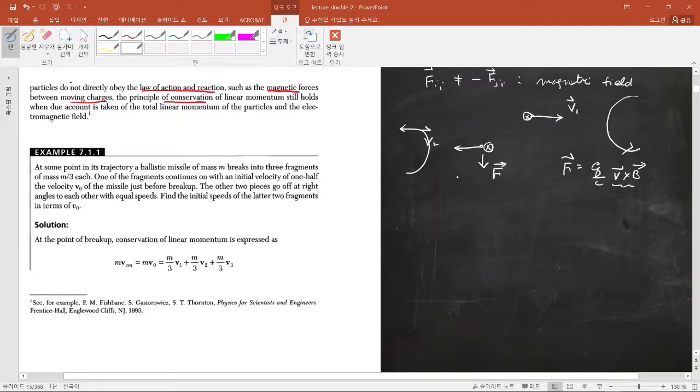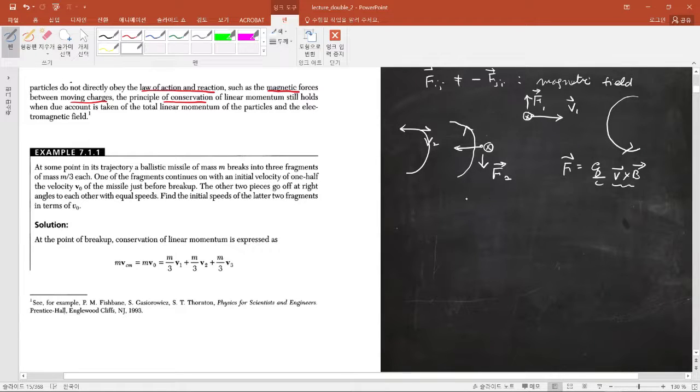Okay, so here also you have the Lorentz force. That is the Lorentz force F1 acting on 1 due to this moving charge 2, and this one is F2.